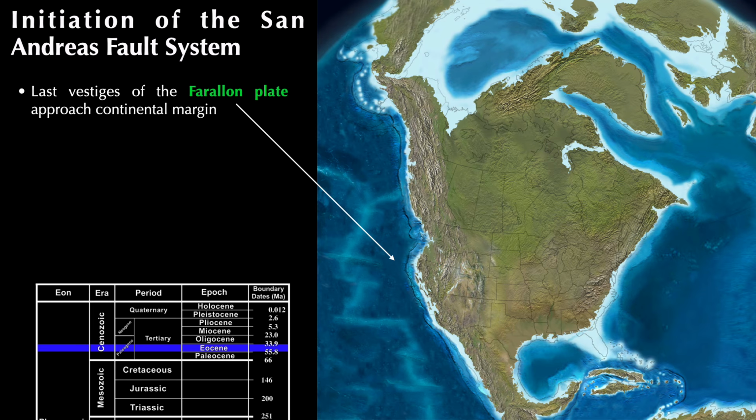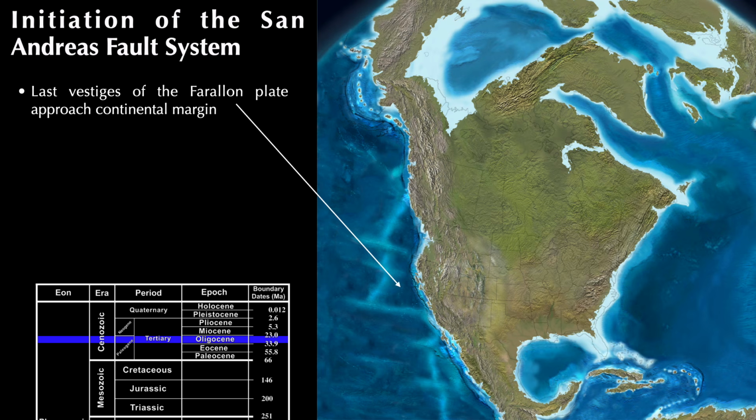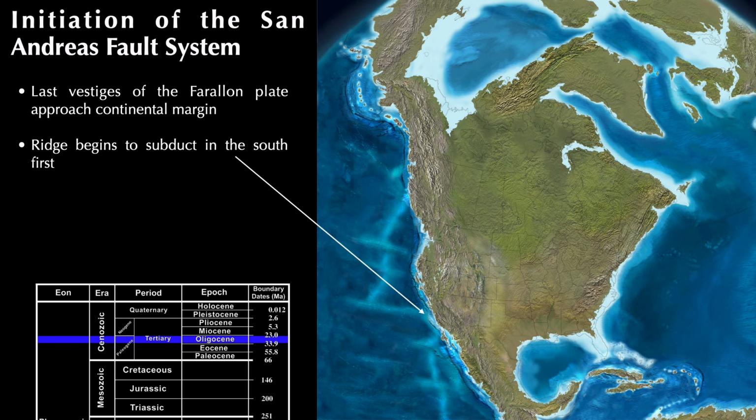So if we return to the Eocene reconstruction, you can see that off the coast of North America, the last vestiges of the Farallon plate, bounded by a ridge to the west, is approaching the subduction zone. And as the ridge that bounds the Farallon plate approaches the subduction zone, it eventually reaches the trench in the Oligocene. It subducts first in the south, just based on the geometry.